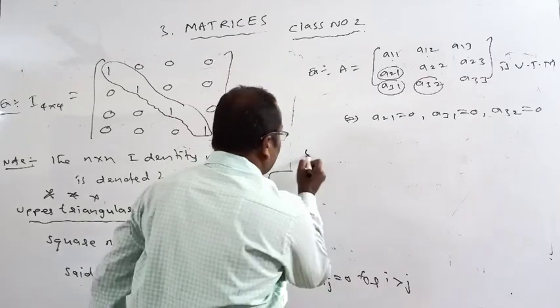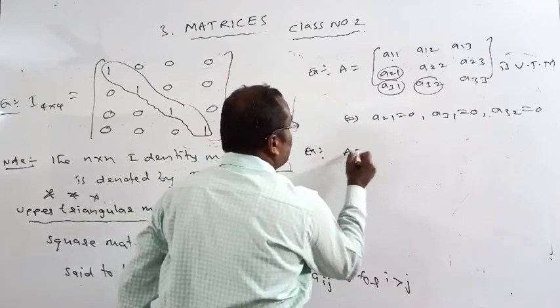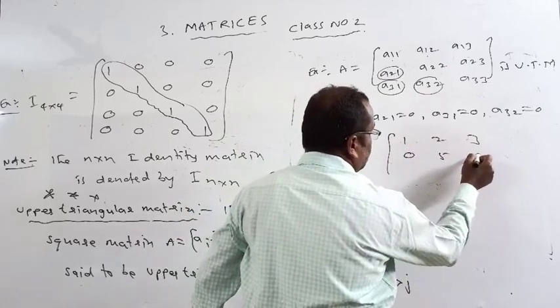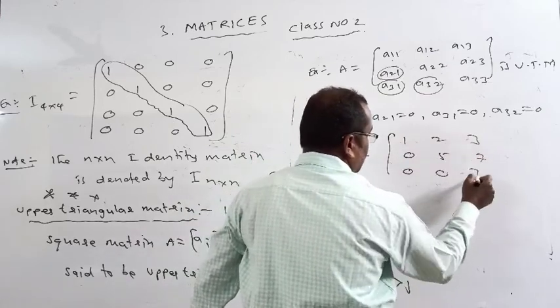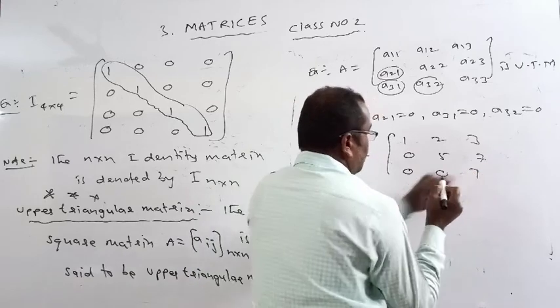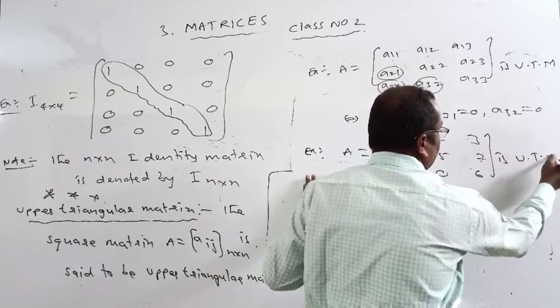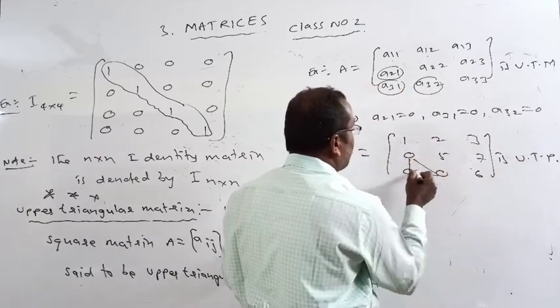So give one more example now. A is equal to 1 2 3, 0 4 5, 0 0 6, is an upper triangular matrix. See this one.